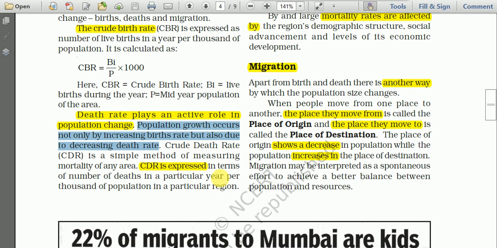So crude death rate is a simple method of measuring mortality of any area, how many people die in a year. CDR is expressed in terms of number of deaths in a particular area per 1000 population.